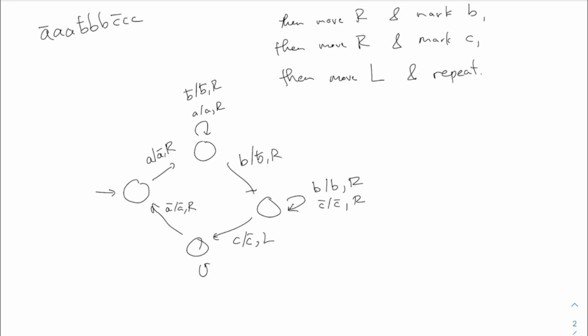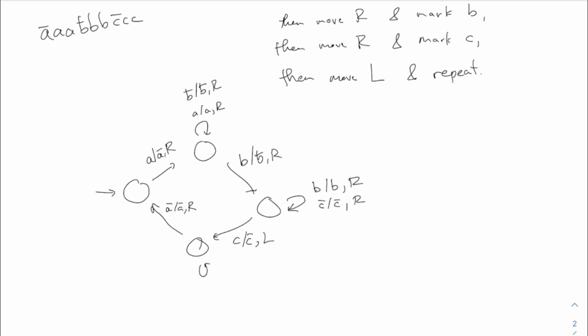Now what about the looped edge on the bottom? You have to put labels on here for all the different kinds of letters that you want to go through as you're moving to the left. And actually there's a lot of them. So you have to imagine I just marked this C, turned it into a C bar. As I'm moving to the left, I'm going to go through some C bars, also some Bs, also some B bars, and also some As.